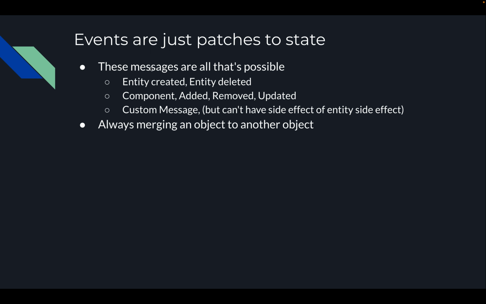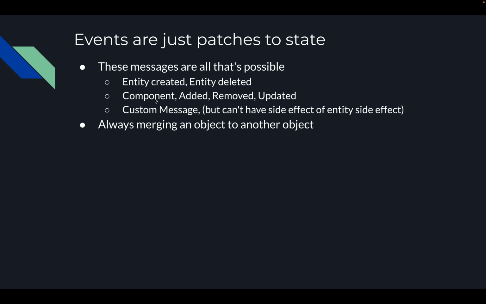The design is, because our state is always a list of entities and their components, the only messages that can possibly modify this state are a new entity is created, in which case you just give a new entity key and the list or object of components, or an entity is deleted, like you no longer want to see it in the space, in which case you could update that entity key with some tombstone that says delete this entity. That way you're still merging something in there.